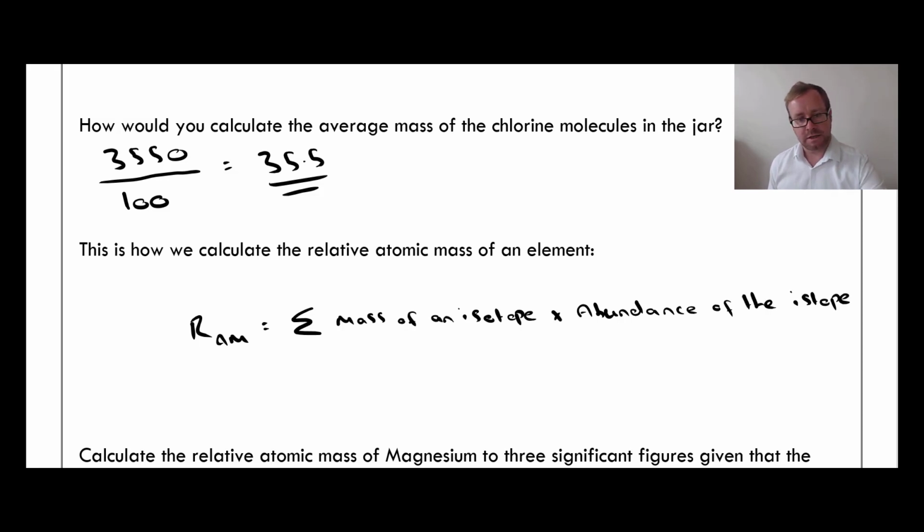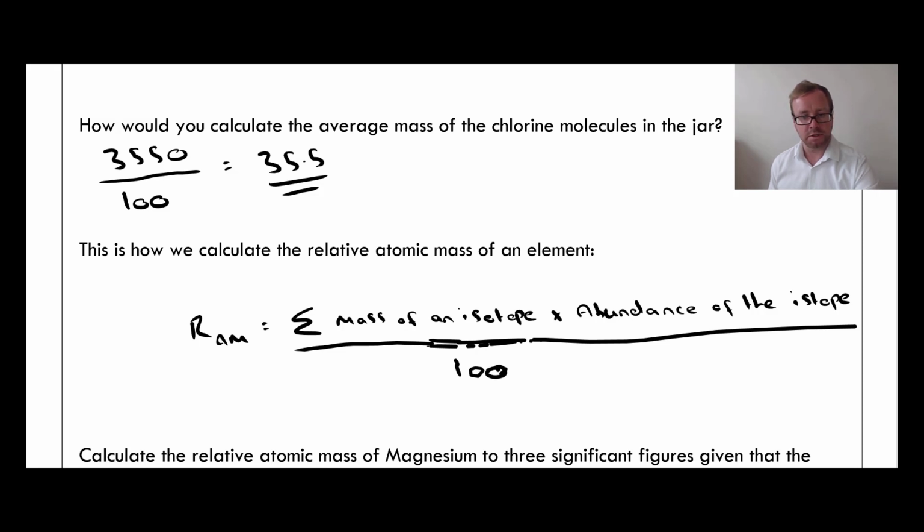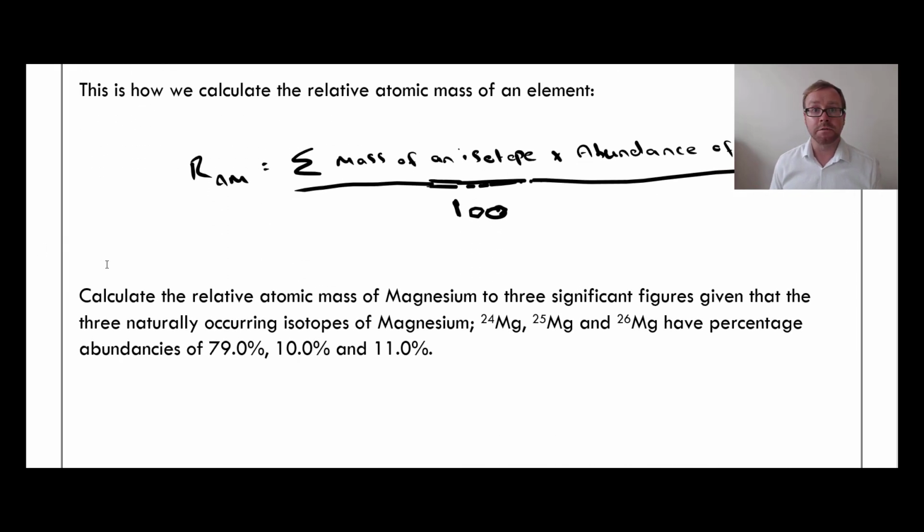And if we're using percentage abundances, which you probably will be in the exams, we divide by 100. Sorry, my computer's playing up. Right, so this is the formula that you need to remember. To calculate relative atomic mass, we do the sum of the mass of an isotope times the abundance of the isotope divided by 100. And I will just write this here. So this means sum of.